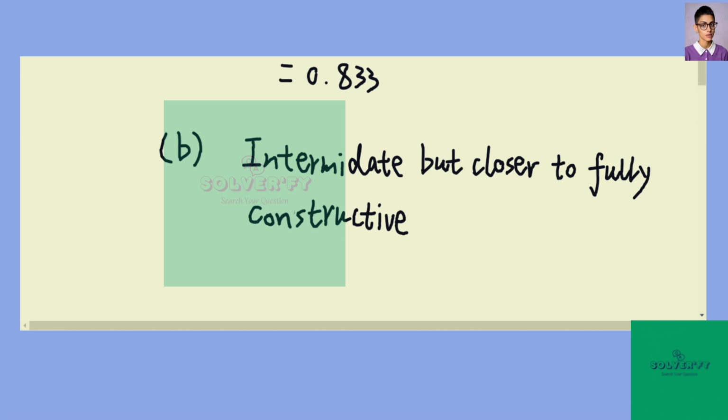The fraction obtained in part A, in question A, okay, is intermediate between 1/2 and 1, but closer to 1, okay? So therefore, the interference must be intermediate but closer to fully constructive, okay?